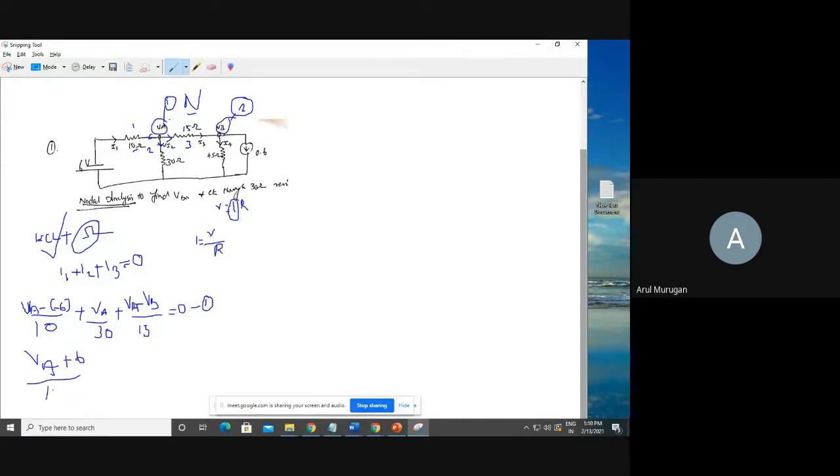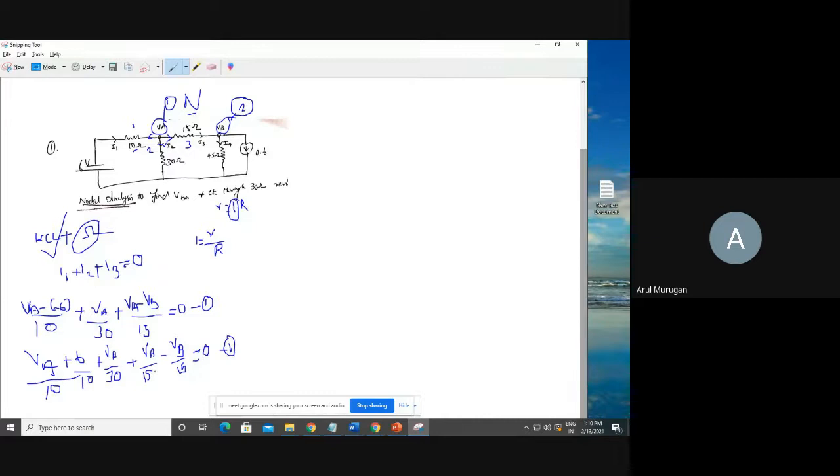The remaining terms: VA divided by 30 plus VA divided by 15 minus VB divided by 15, equal to 0. This is equation number 1.